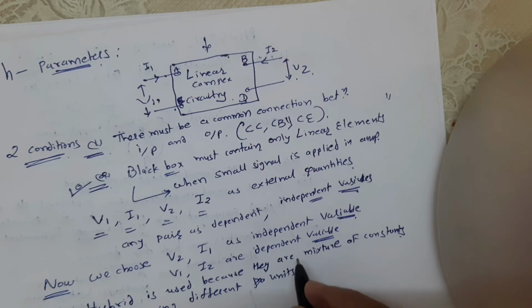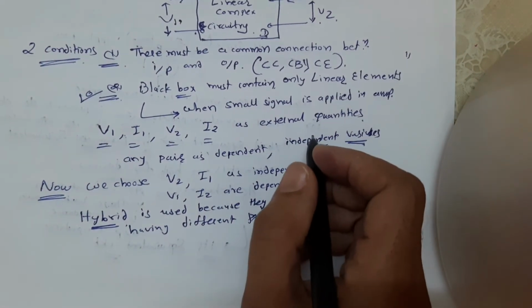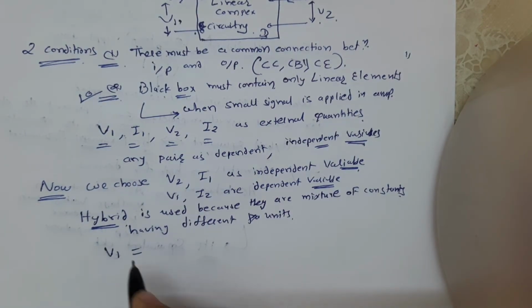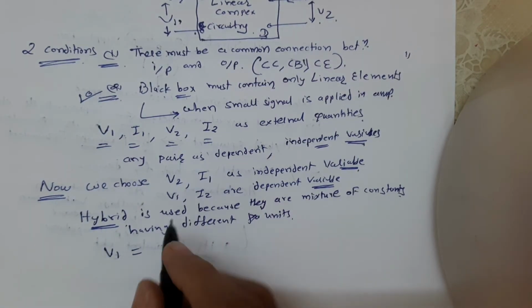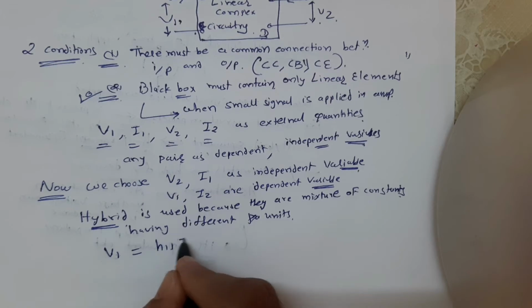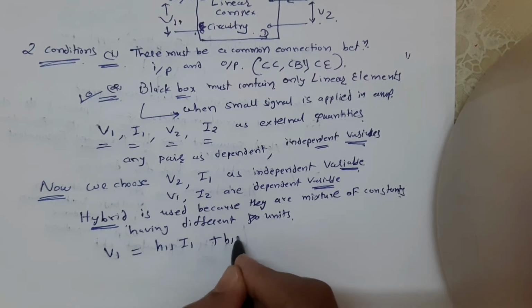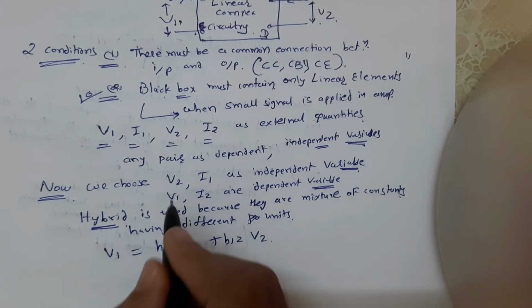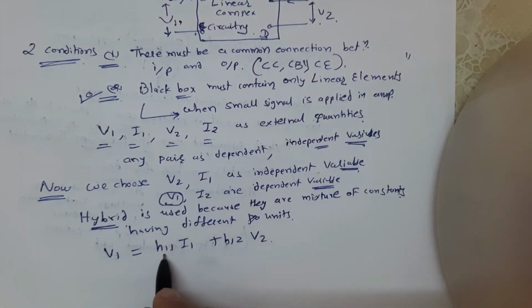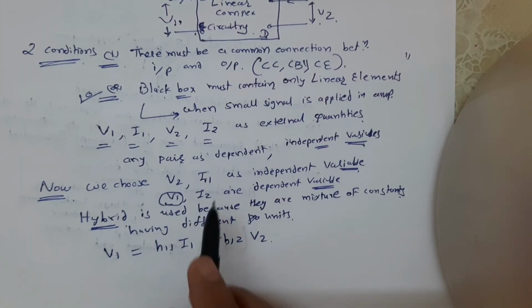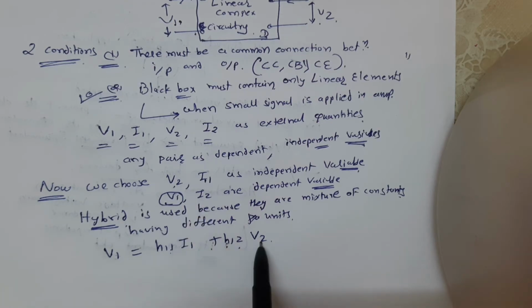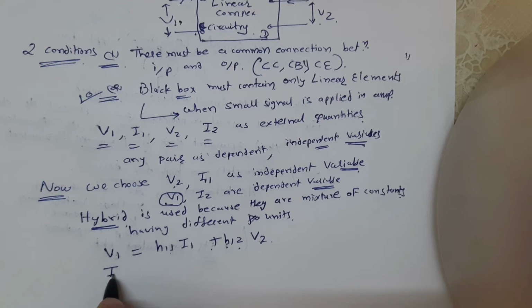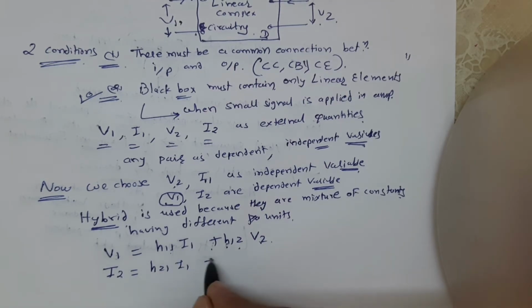So we can write V1 is equal to H11 I1 plus H12 V2. Second dependent is I2, therefore I2 is equal to again H21 I1 plus H22 V2.